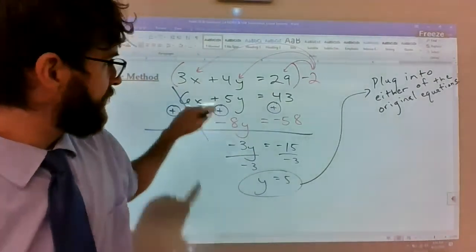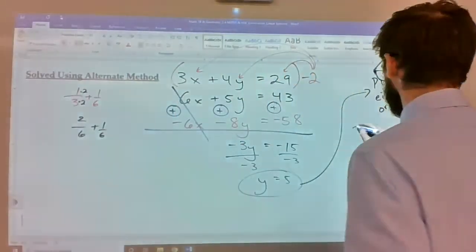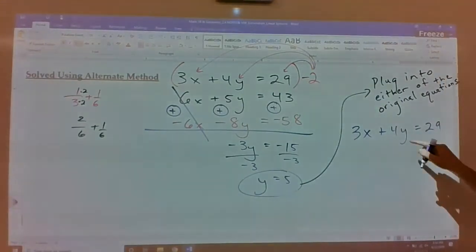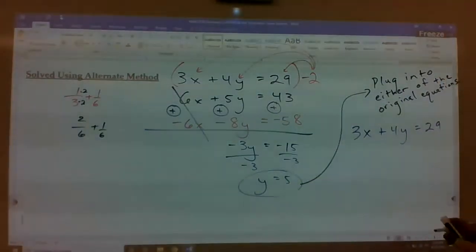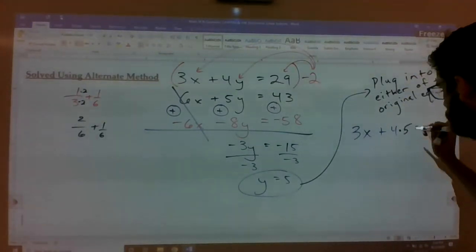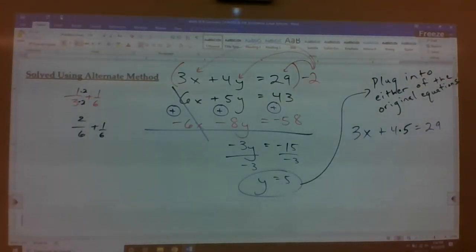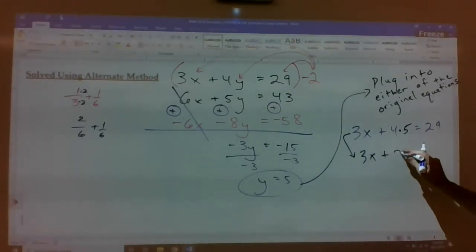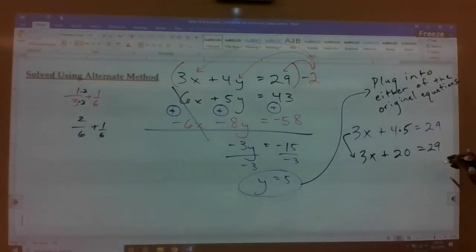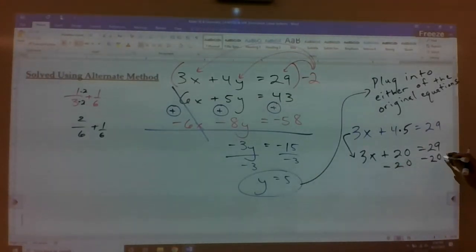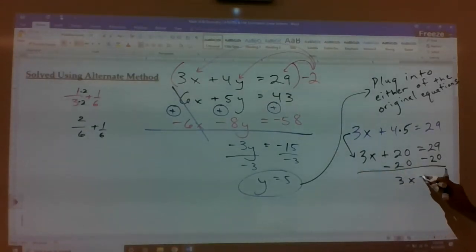So I'm going to rewrite this equation, but instead of the y, I'm going to put a 5. Which gives me 3x plus 20 equals 29. Get x by itself, minus the 20, divide by 3.